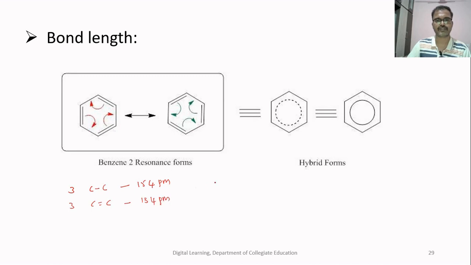But you cannot get this, because the actual structure of benzene is the resonance hybrid of these two. Here all the 6 carbon-carbon bond lengths are the same. It is 139 picometer. It can be explained only on the basis of resonance.